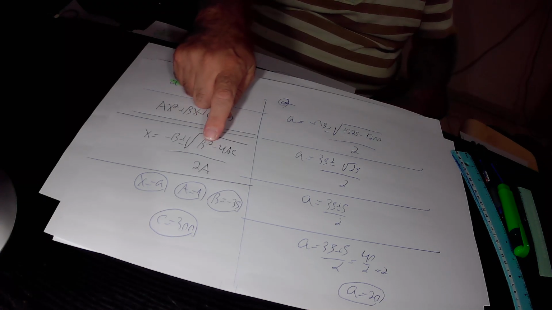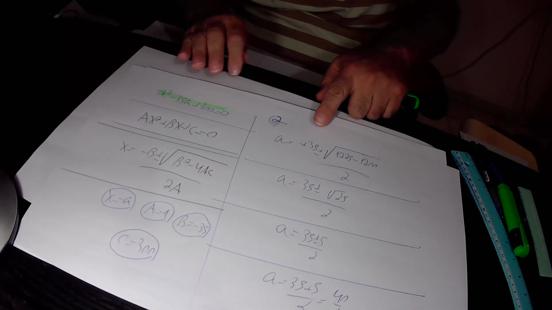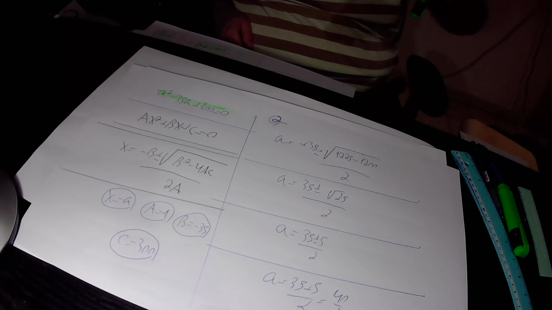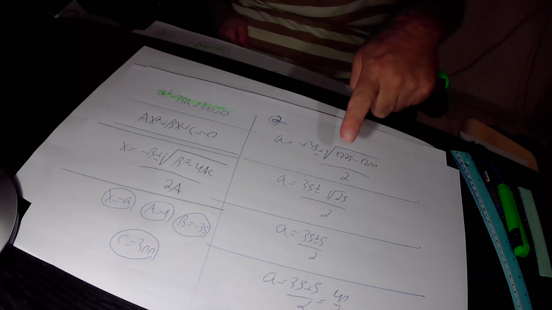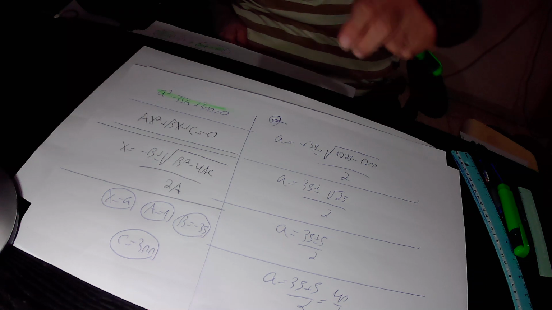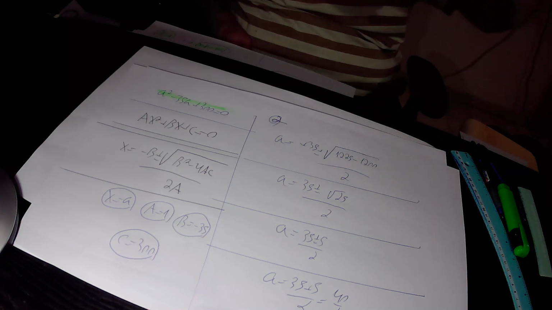A is 1, so 2a is 2 times 1, that is 2. So in total we find that a equals 35 plus minus square root of 1225 minus 1200 over 2. 1225 minus 1200 is 25, so inside we are left with only 25.